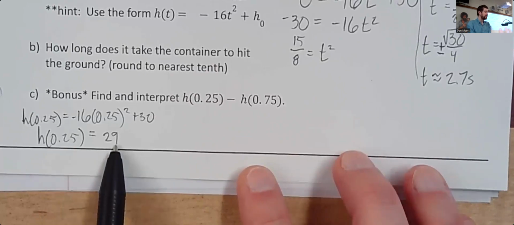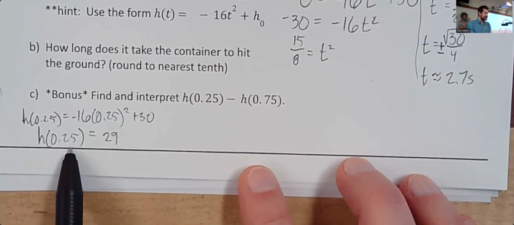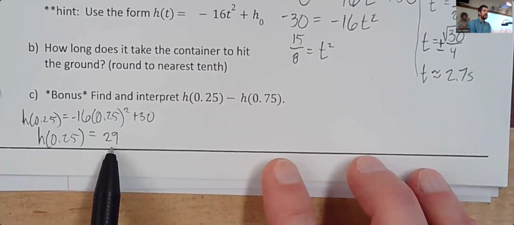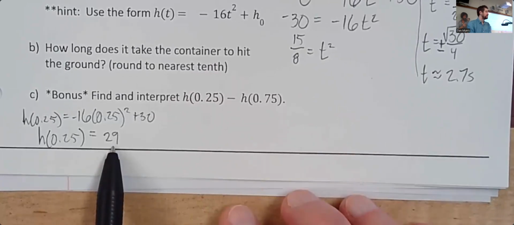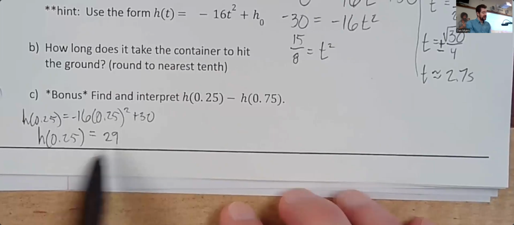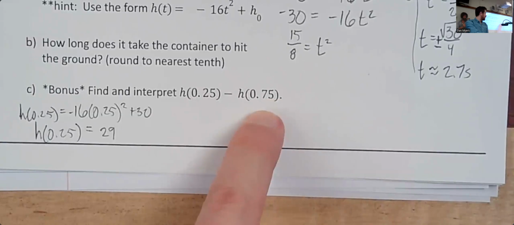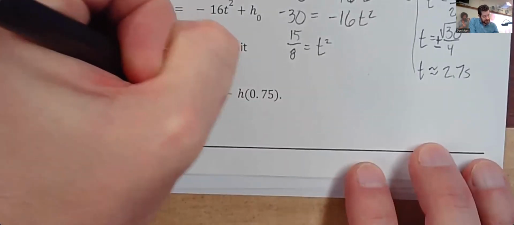And then the 29 is what? Yeah, the height. So that means after a quarter of a second, the height is 29 feet from an initial height of what? 30. So in a quarter of a second, it has dropped by 1 foot. That's what we're saying so far. Now, after 3/4 of a second, 0.75, let's do that. So h of 0.75.